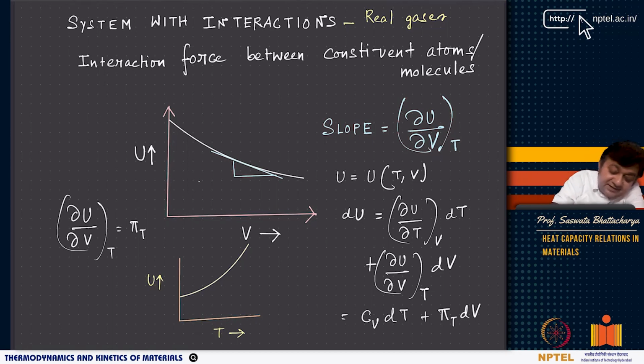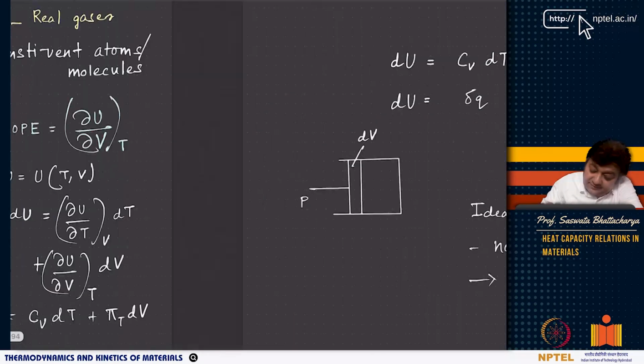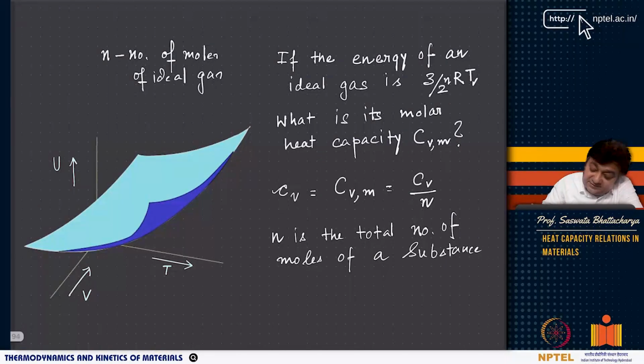So as you can see here, from these curves, or even from this surface, you can tell that as T increases, U increases.